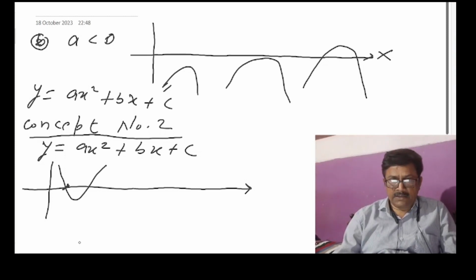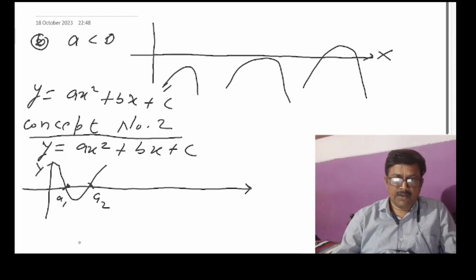At 2 points, the graph is cutting the x-axis, a1 and a2. So it means at these points y is what? y is 0. This is the y-axis. At the point x equal to a1, y is 0. Also at the point x equal to a2, y is 0.